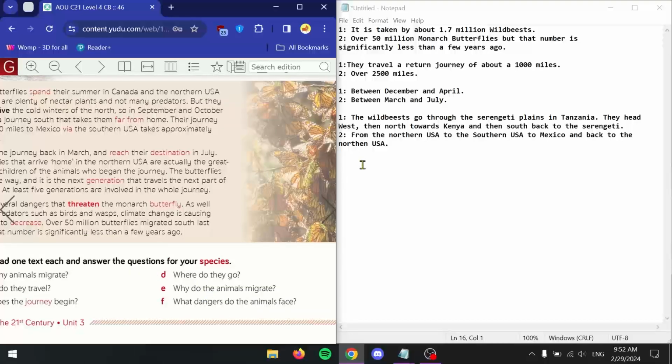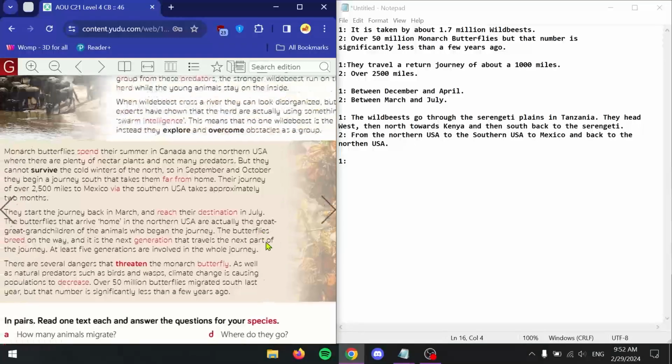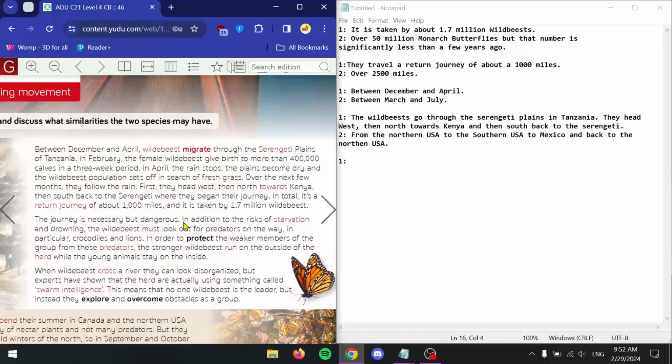Why do the animals migrate? That's a great question. We can say something like, oh, right here, because they're searching for fresh grass because of climate change. So in the case of wild beasts, we could say in search of fresh grass.